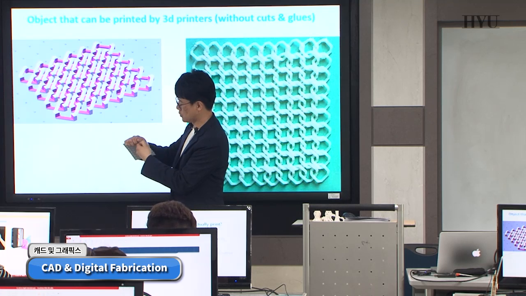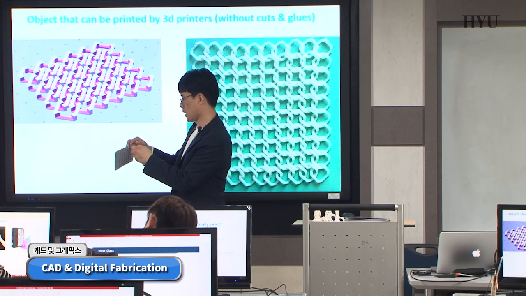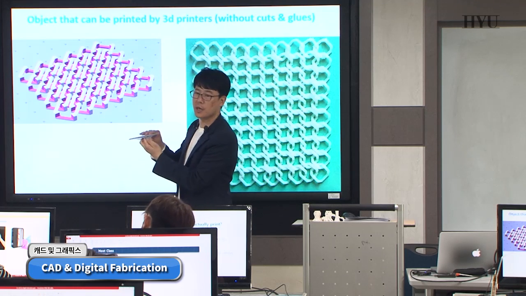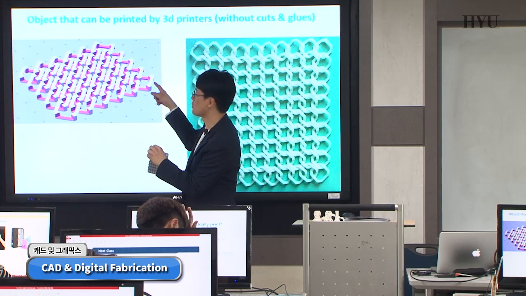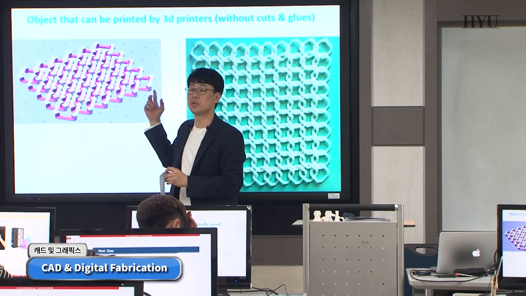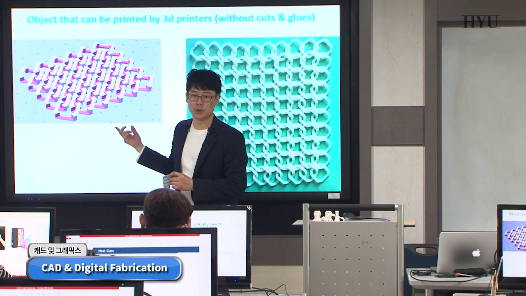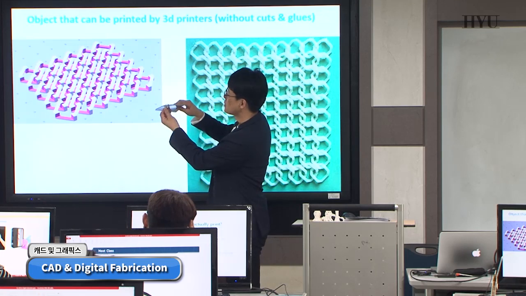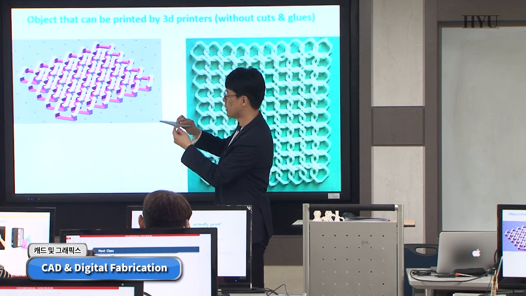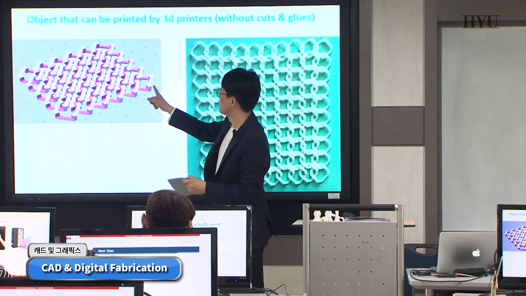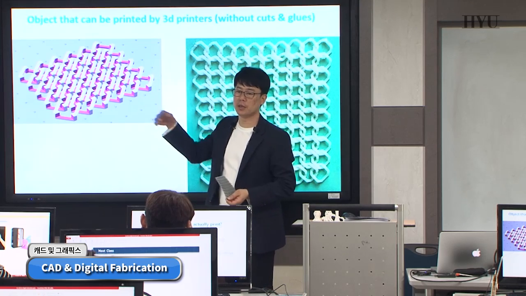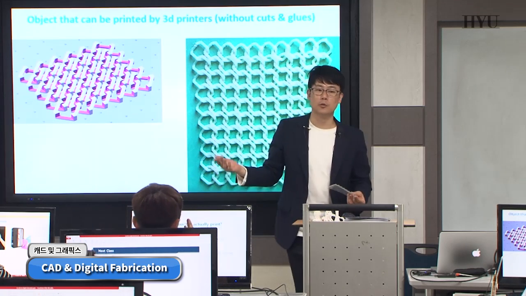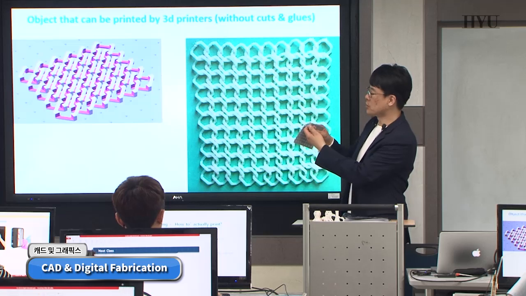It's not easy to see, but okay. For making this kind of structure, we need lots of additional parts, additional pieces, so-called support, okay? We need to make the support first, and then, thanks to the support, this kind of structure can be made in the air, okay?